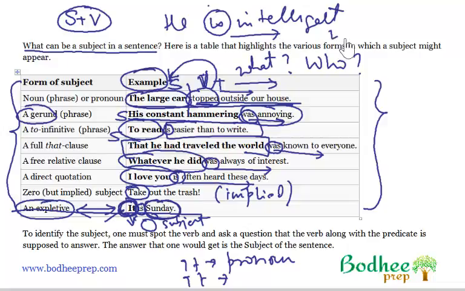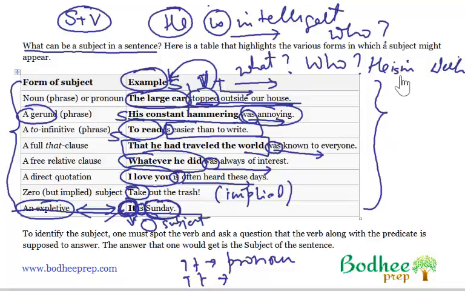Of course, the obvious question is who is intelligent, and the answer is he, right? He is in Delhi, and I will put the verb is. The question is, who is in Delhi? And the answer is he, right? So you have to frame the right question, keeping the verb in mind, and the one that gives the answer is usually the subject of the sentence.